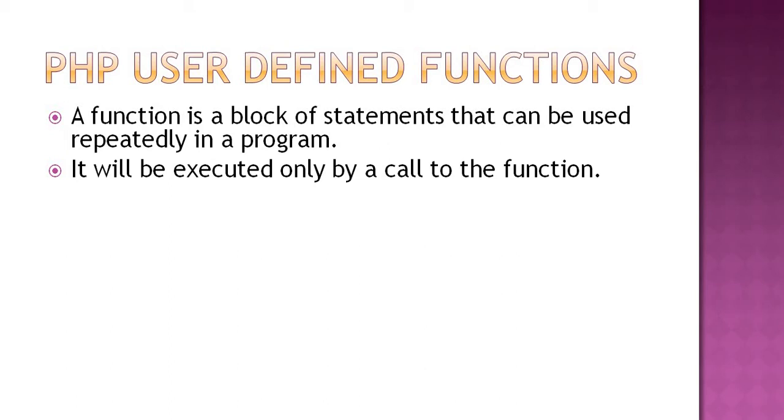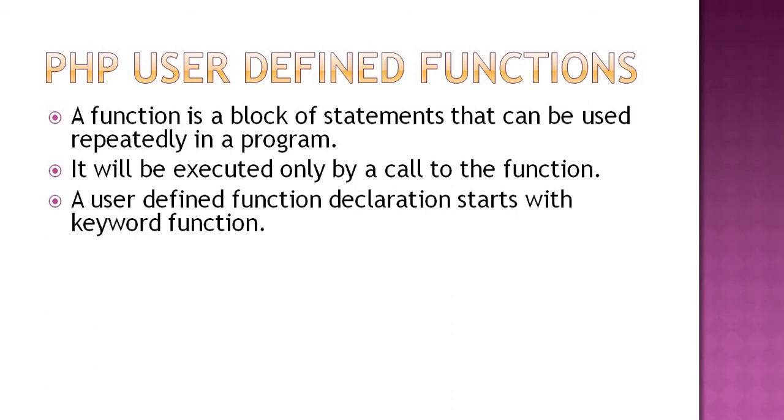It will be executed only by a call to the function. If you have written a function, it is not going to execute on its own. To make these statements execute, you have to call the function. Only when you call it, the statements written inside the function will be executed. Otherwise, they will not be executed.